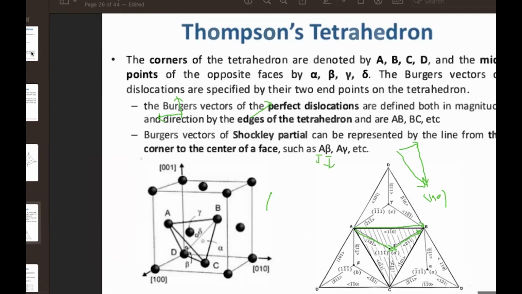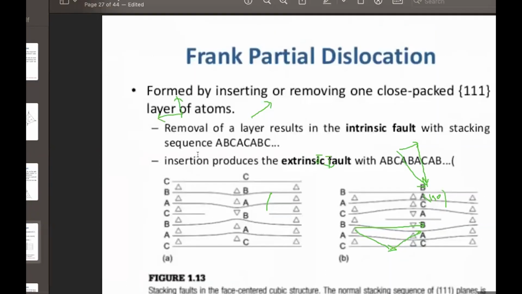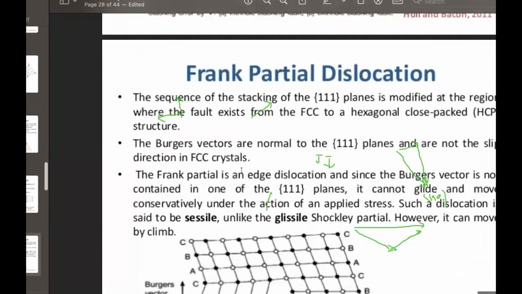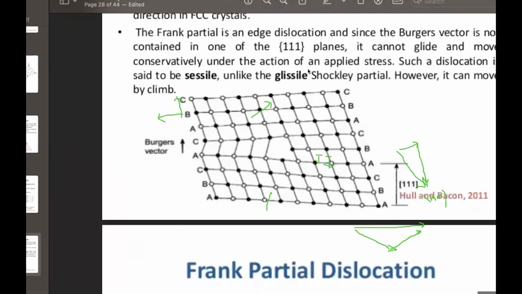How about Frank dislocations? So they just form by inserting or removing the 1-1-1 plane. So we have some ABCs, and once we remove this plane, we will have some Frank dislocations, and the Frank dislocations exist in FCC and HCP.